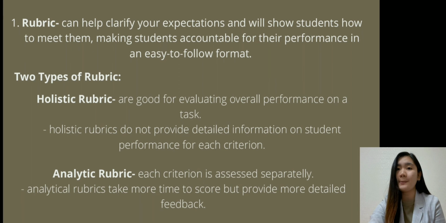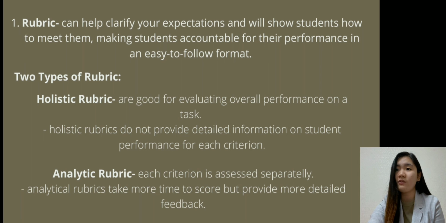So, there are two types of rubrics. First is the holistic rubric and the analytical or analytic rubric. So, holistic rubric is good for evaluating overall performance on a task. Only one score is given and it tends to be easier to score. However, holistic rubrics do not provide detailed information on student performance for each criterion.